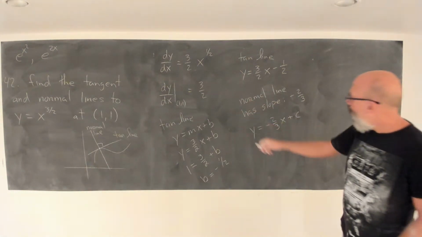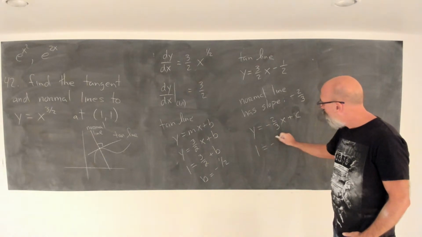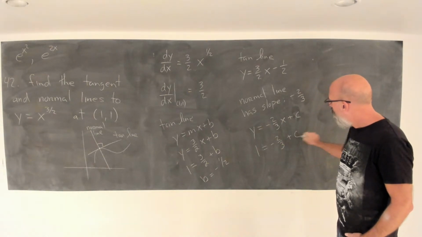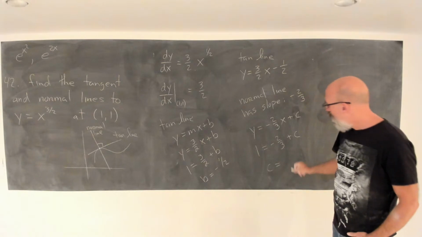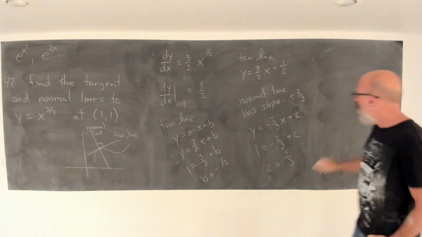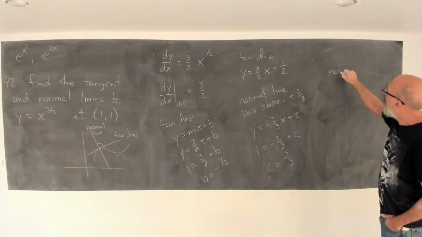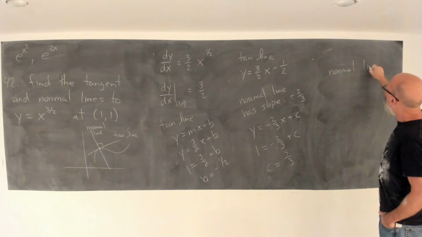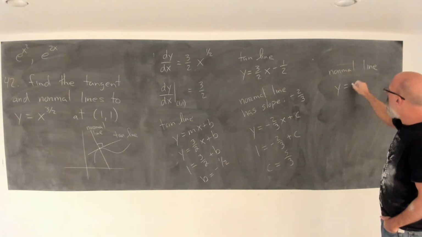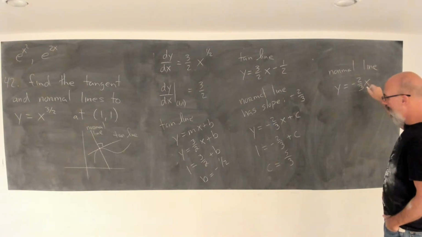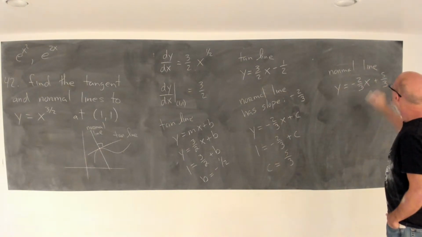When x is 1, y is 1. So C is easily seen to be 5/3, and the normal line has equation negative 2/3 x plus 5/3.